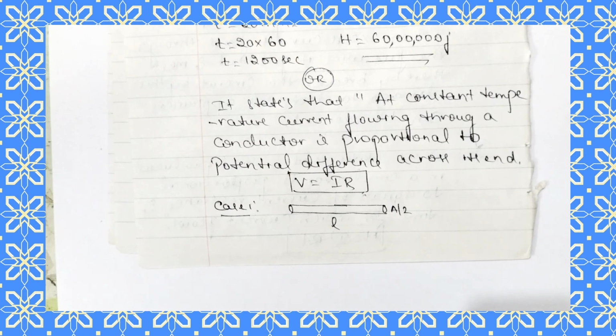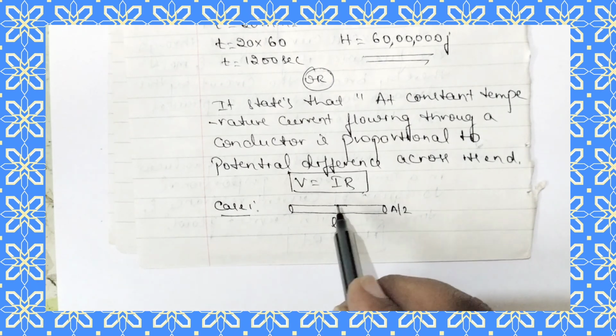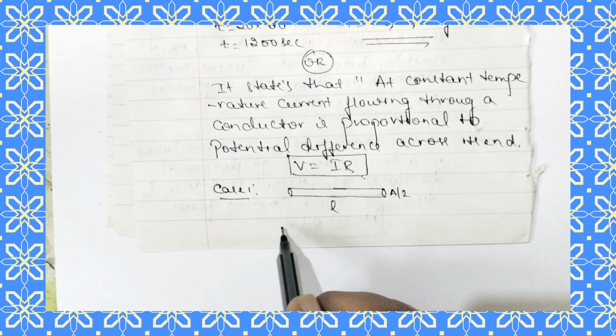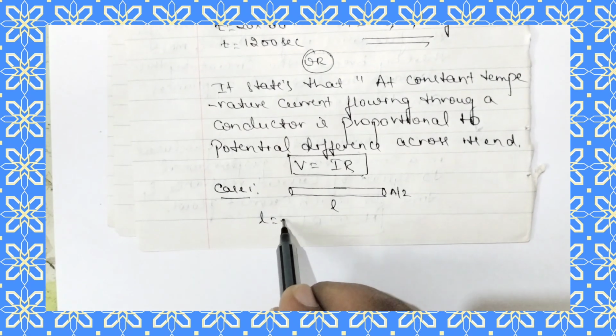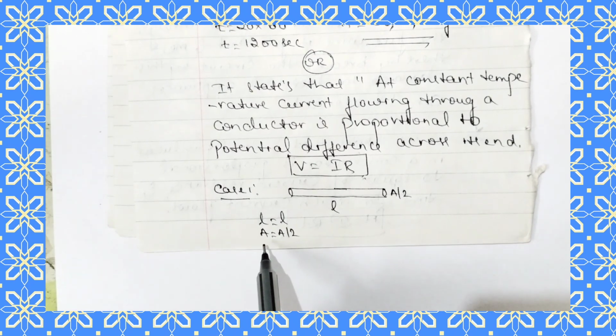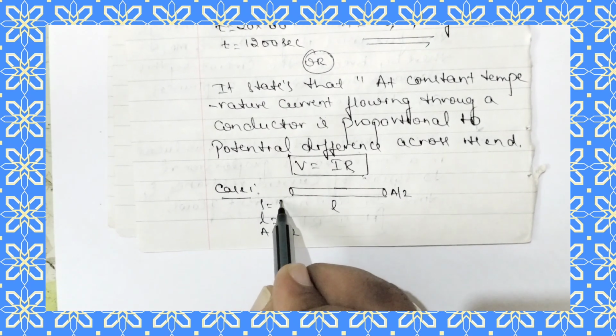I have taken a copper wire. So now length of the copper wire is L. Area of cross section of copper wire is A by 2. Resistivity rho is equal to rho.